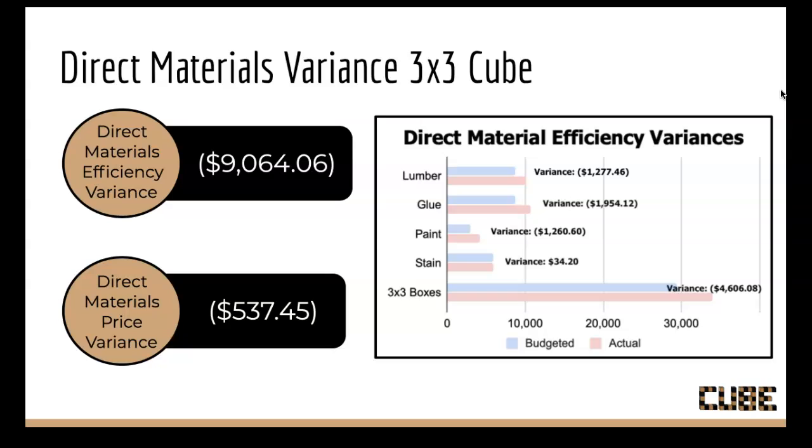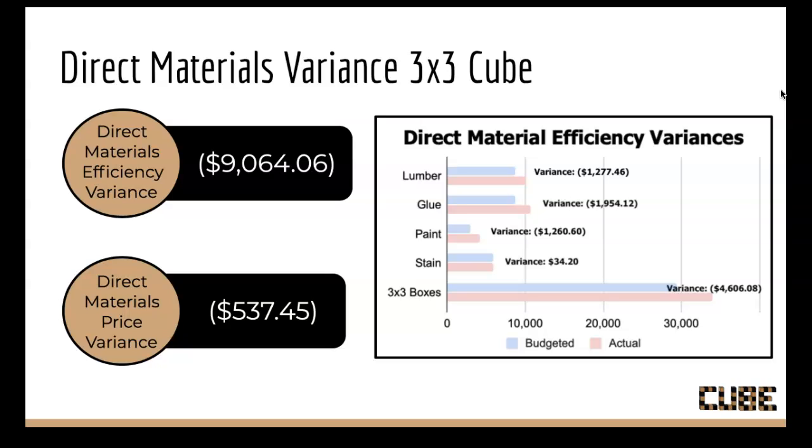We broke down our direct material variances by product, so we are going to start with our 3x3 cube. The direct materials efficiency variance for the 3x3 cube was $9,064.06, which was an unfavorable variance, and that was mainly due to our 3x3 boxes having an unfavorable variance of $4,606.08.